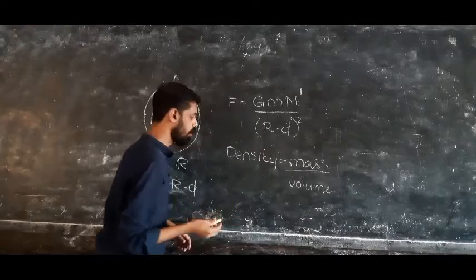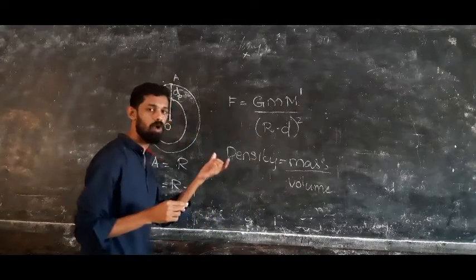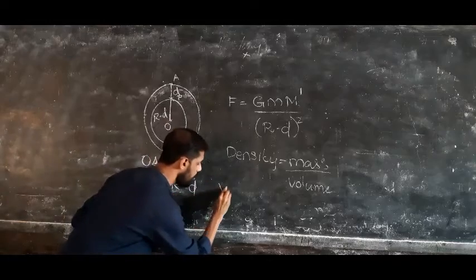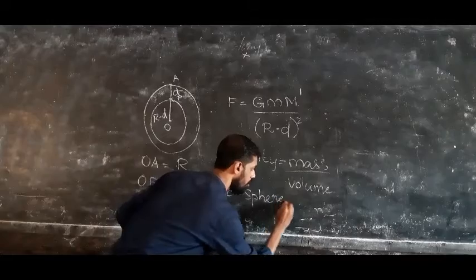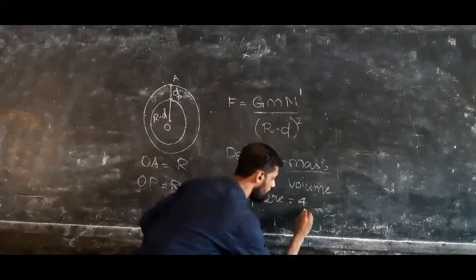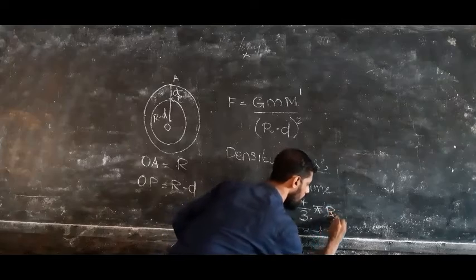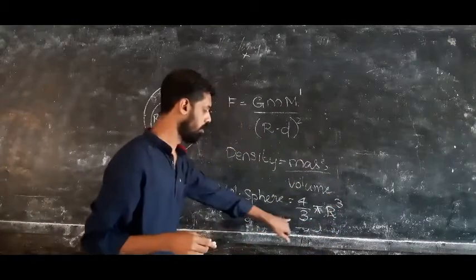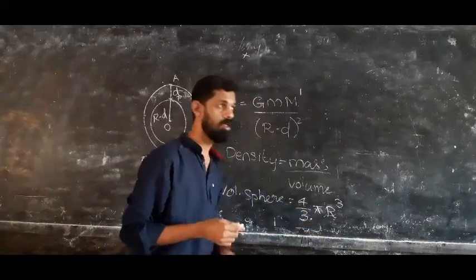And we know the volume of a sphere. What is the equation for the volume of a sphere? Volume of a sphere is equal to 4 by 3 pi r cube.